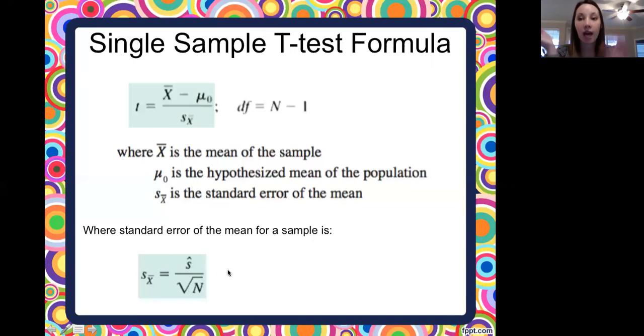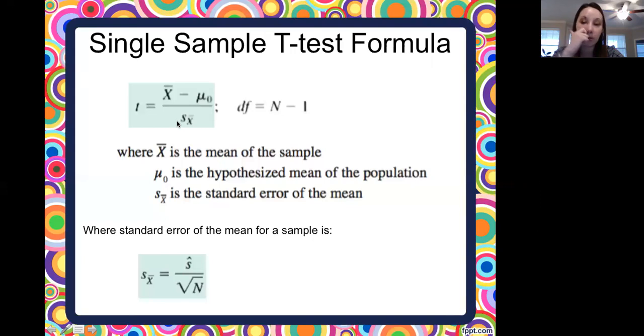So you will basically have all these pieces. You will just need to put them all together to obtain your t value. So you use this formula here to get your t value. It's very similar if you remember the z formula. It's almost identical. The only difference with that one is that we had our population standard deviation, that lowercase sigma, the thing that looks like an O with a hat on it.